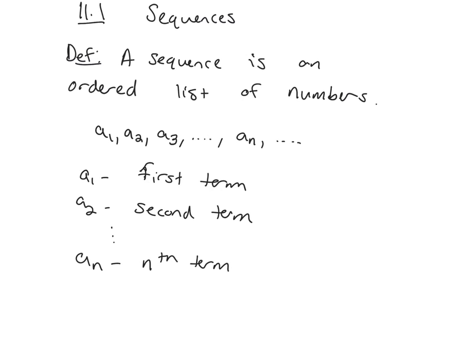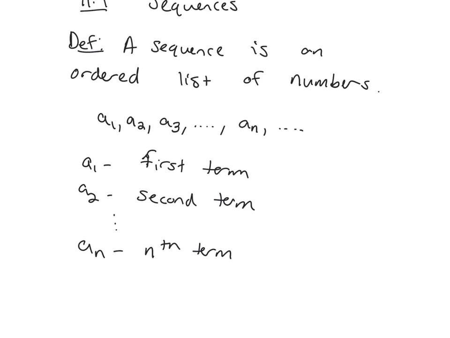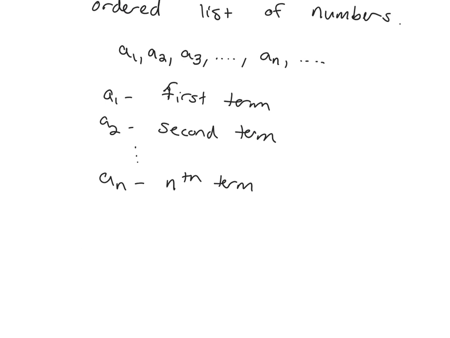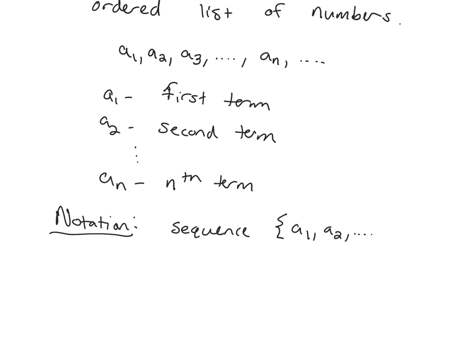Now you're going to see sequences written in a couple different ways, so I wanted to show you the notation for these sequences. Usually a sequence is written most often with curly brackets and so forth.